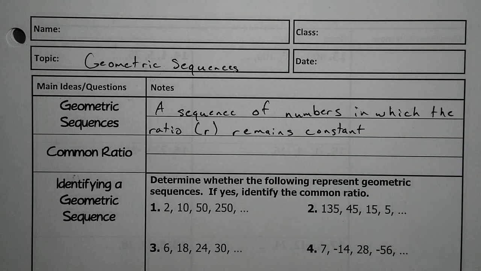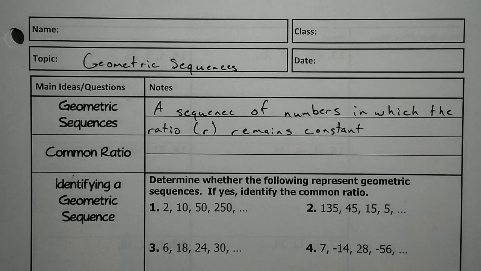So in arithmetic, it was the constant difference. This is going to be the constant ratio. And instead of the common difference, this one's called the common ratio.